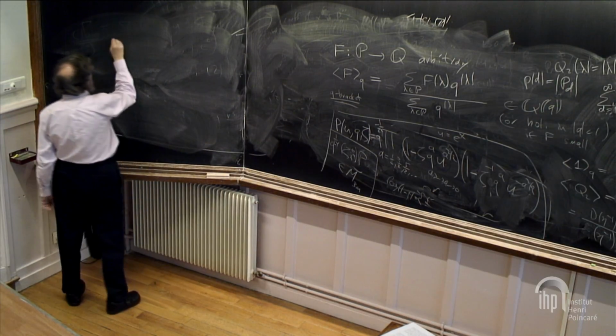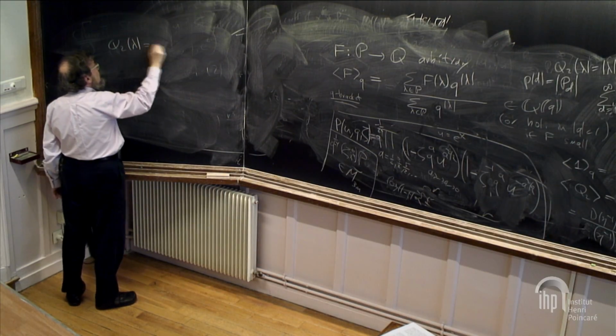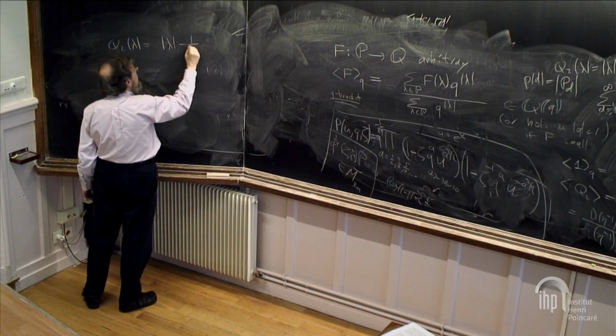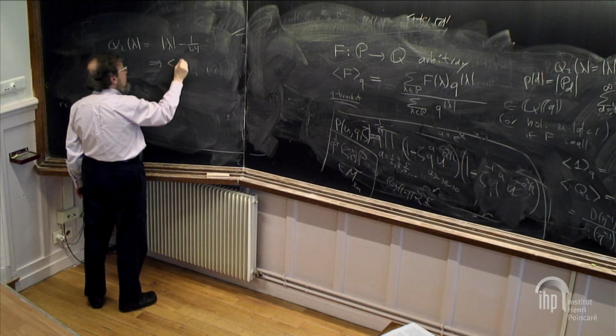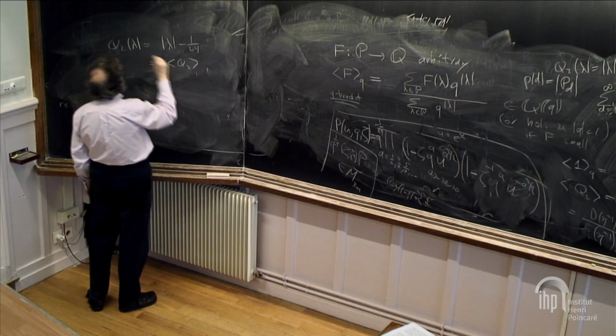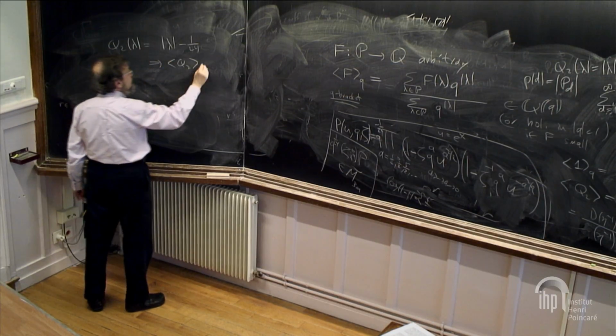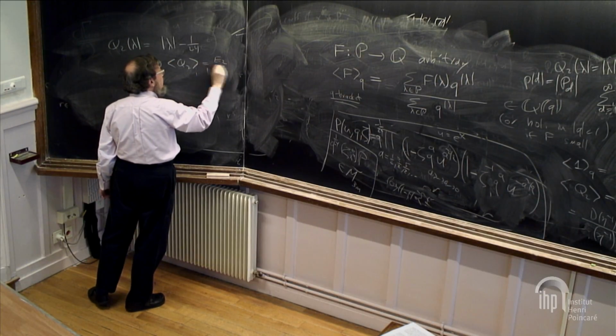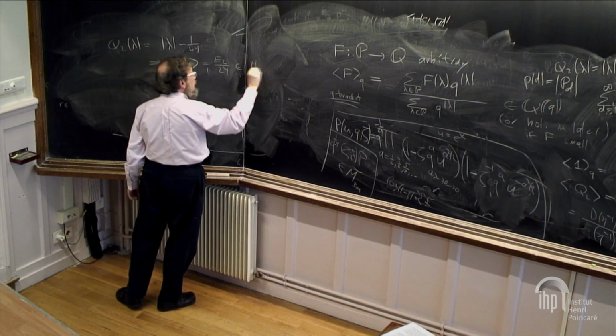So if I define Q2 of a partition to be lambda minus 1/24th, then we just check that the Q bracket of that Q2 is E2 over 24, which is a quasimodular form of weight 2.